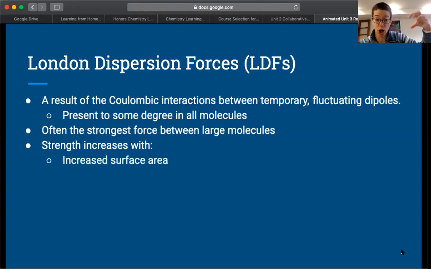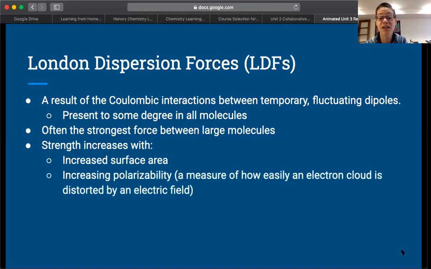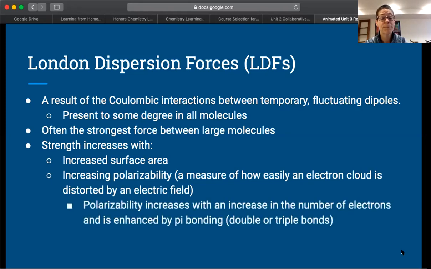The larger the thing is, you can have more zones of temporary dipoles, but also they are going to increase with the amount of the electron cloud, because it is the electrons that are actually shifting and becoming a temporary dipole. So if you have more electrons, there is more possibility for them. So they increase with the number of electrons, and also by having multiple bonds.